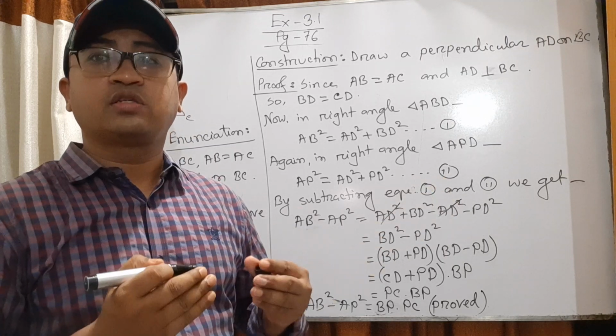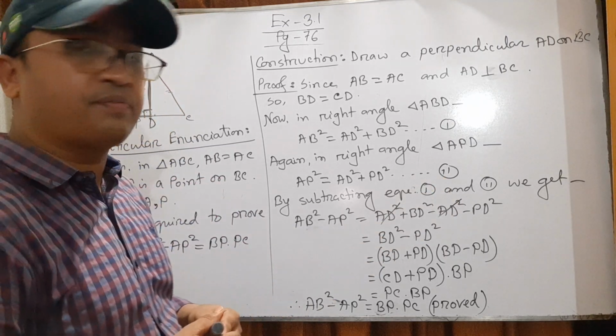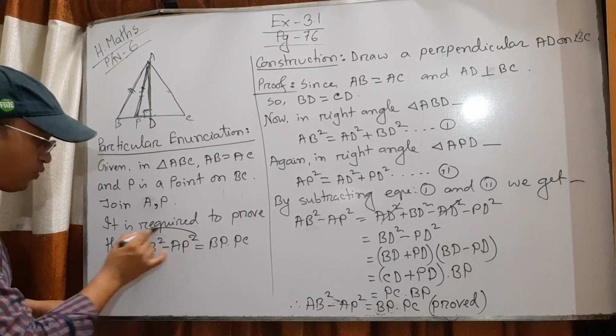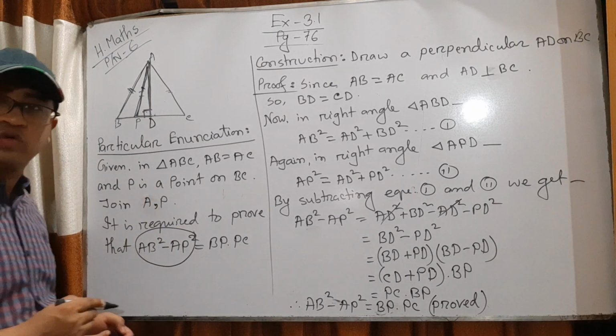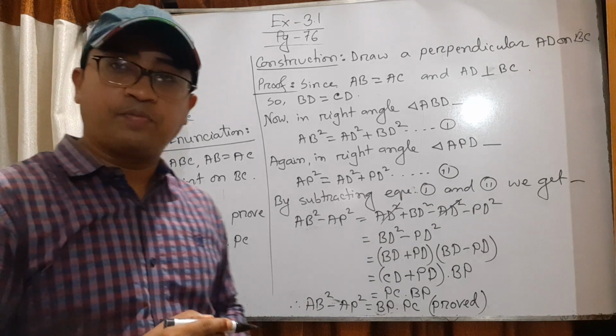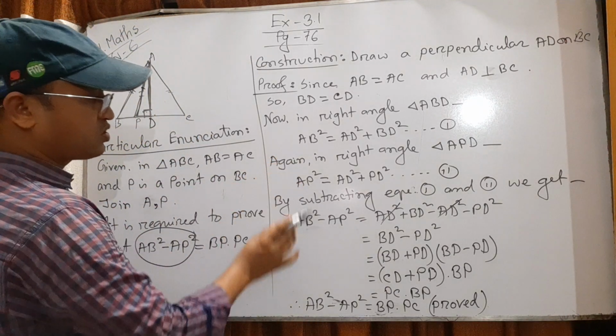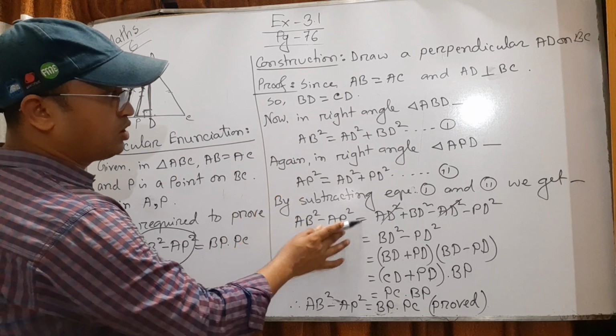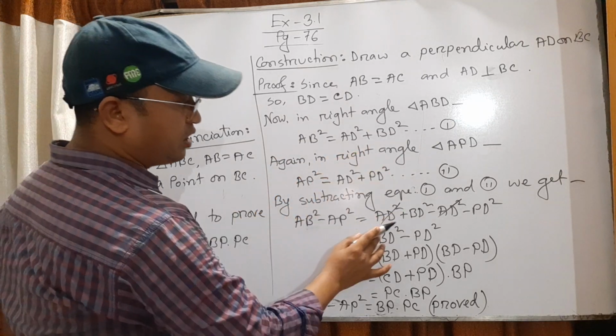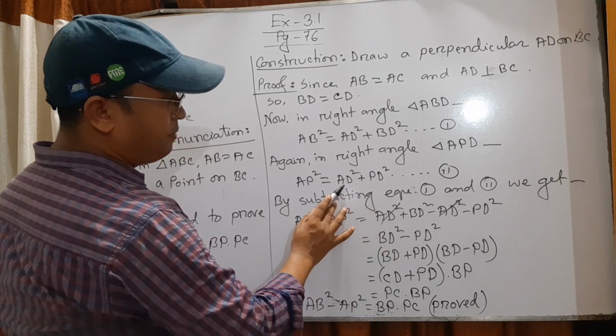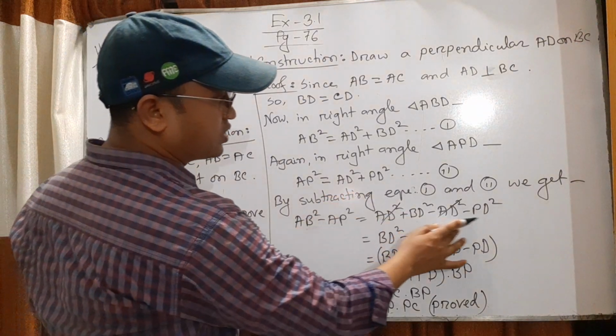Now we subtract these two equations. Why will we subtract? Because we will prove AB square minus AP square. So we need to subtract here. AB square minus AP square equal to AD square plus BD square minus AD square minus PD square.